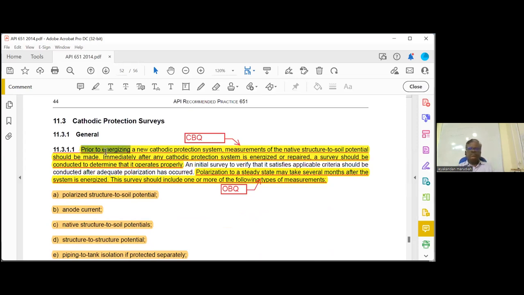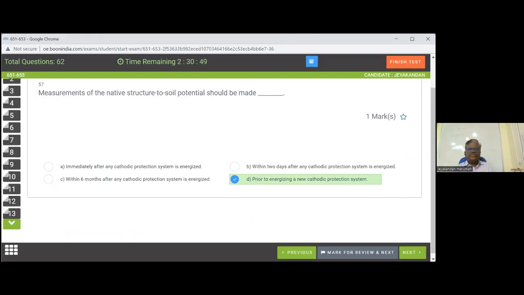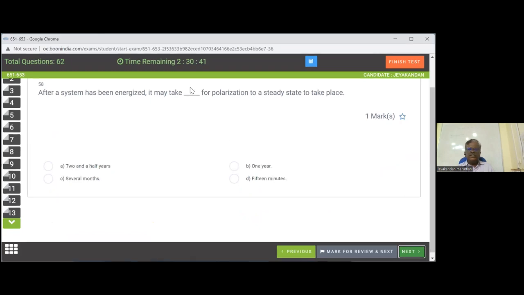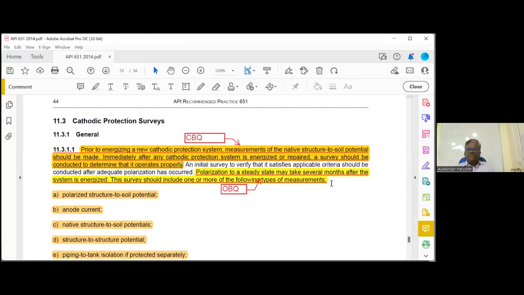Prior to energizing, measurement of the native potential should be made. First line. Next. After the system has been energized, it may take some time to reach steady state. So after energizing it may take several months. So the answer is this one.